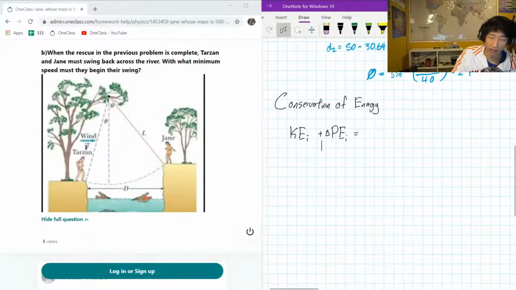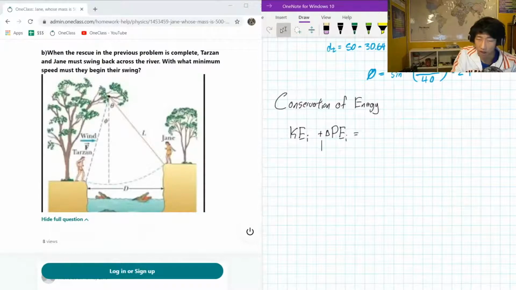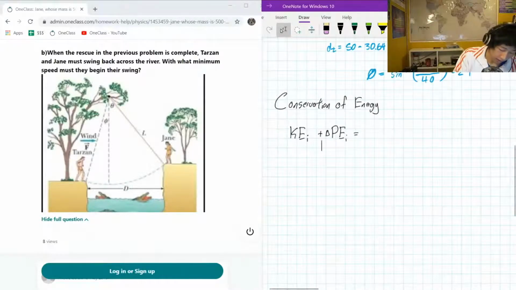So it's going to be the change. It's not going to be your absolute potential energy, that's going to be extremely large. It's our change in potential energy. That is going to be completely equal to the wind force that is applied here. So that's going to be our work of wind.